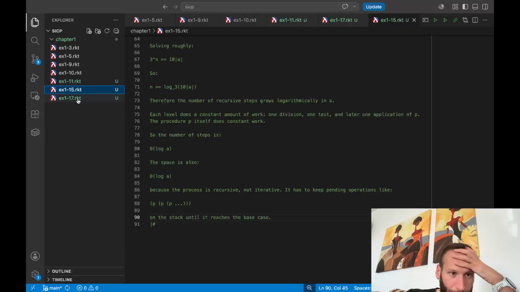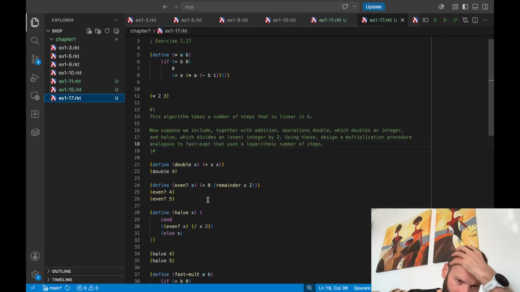Well, we can pass to the final exercise for this video, which is 1.17. Let's look at the text. The exponentiation algorithms in this section are based on performing exponentiation by means of repeated multiplication.